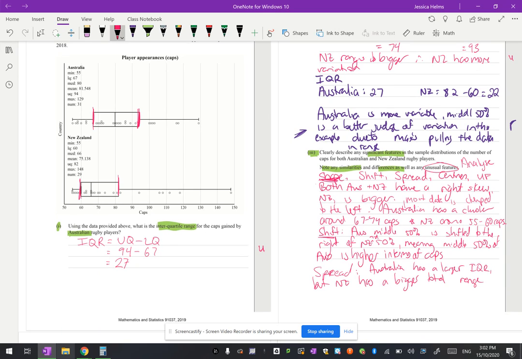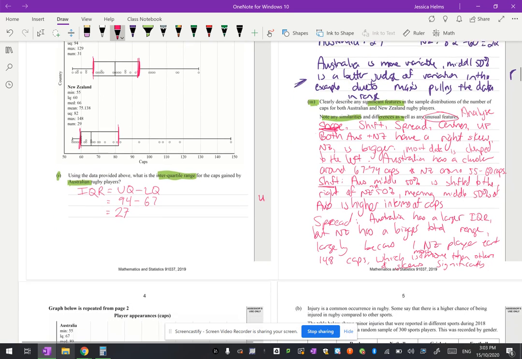And this kind of leads into the unusual features a bit, largely because one New Zealand player earned, was it 148 caps, which is much more than others, and skews significantly.